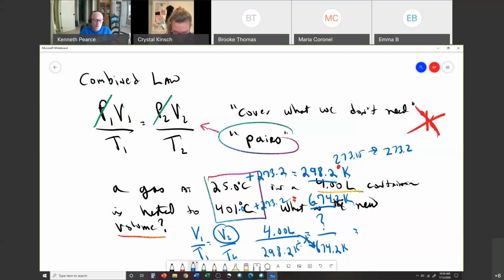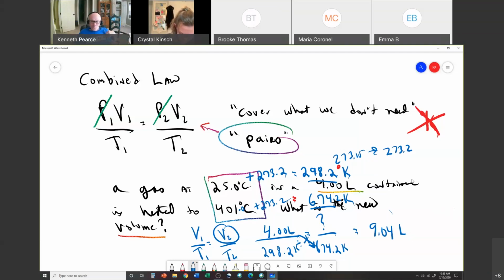And I get 9. Let's not forget that there are units, okay? 9.04 liters. So there you go. We got 9.04 liters. How about that?